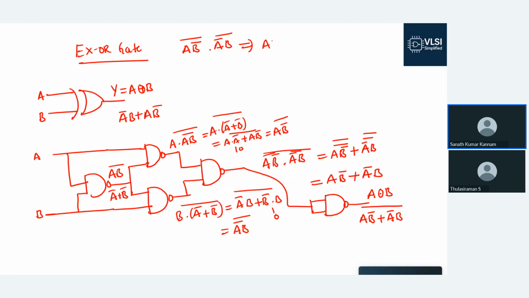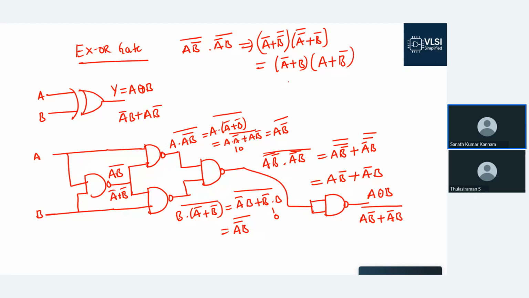(A bar or B bar... ) whole bar and (A bar or B bar) whole bar. Okay, so this is equal to (A bar or B) and (A or B bar).